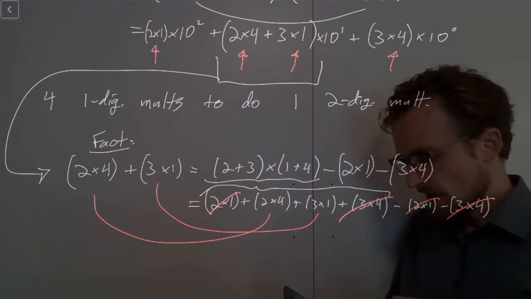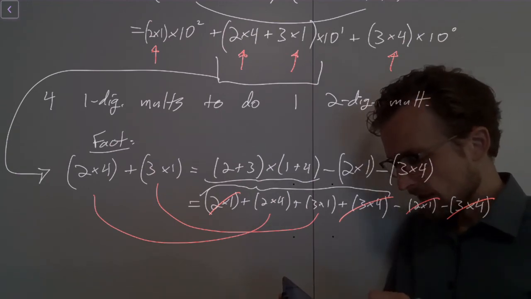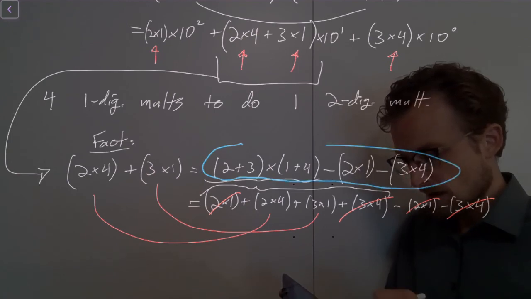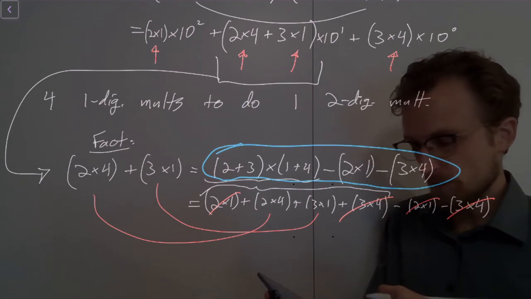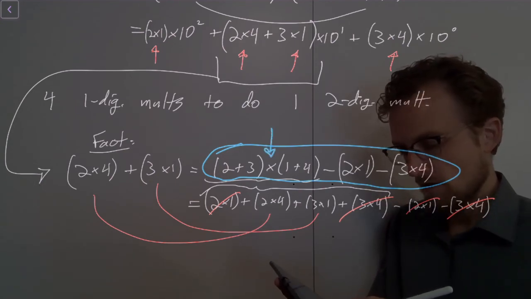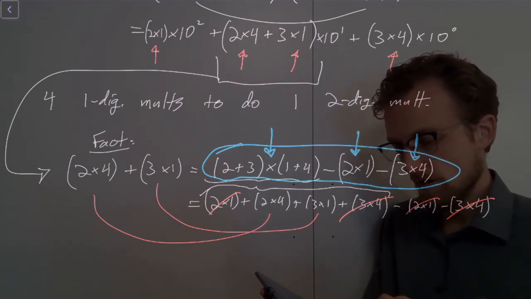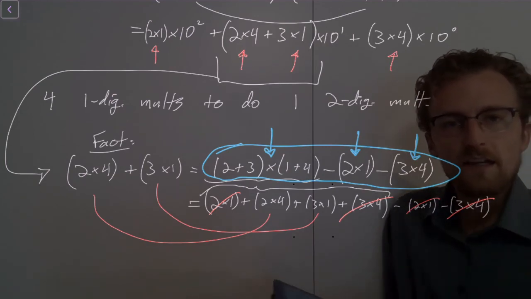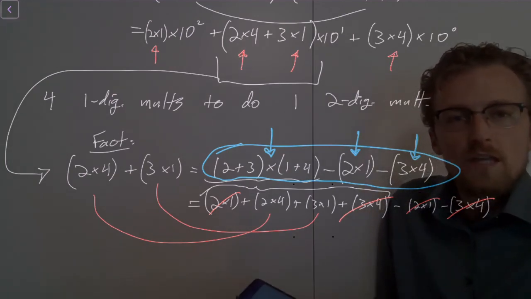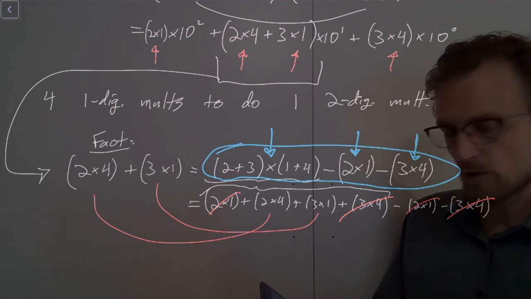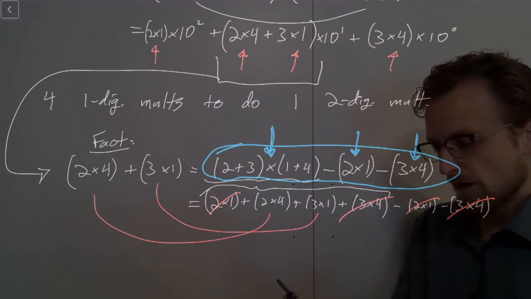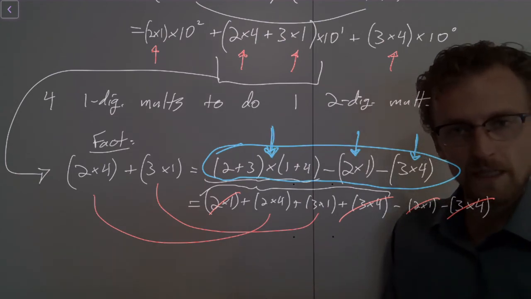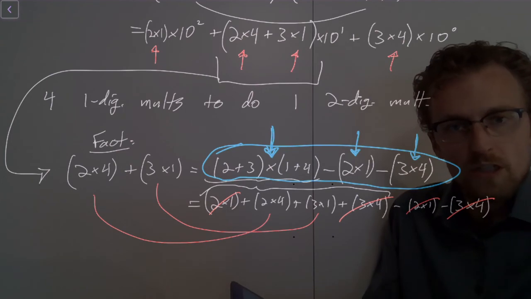Well, my claim is that this expression, which notice only contains 3 multiplications, right? 1 here, 1 here, and 1 here, that this expression contains all the multiplications that are required to multiply 23 by 14. Okay? And so notice this. Here my first blue arrow is a one-digit multiplication. Right? I've just added together 2 one-digit numbers and multiplied them.